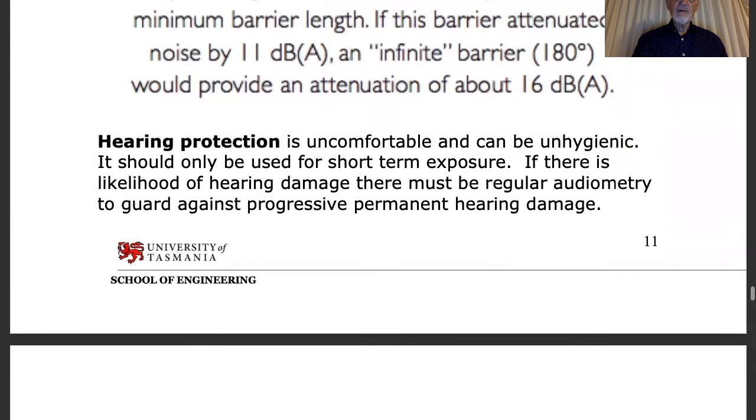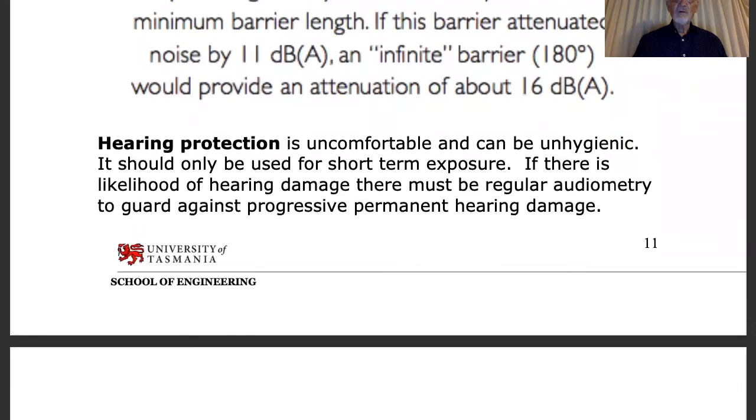And just one other thing that will happen if there is any likelihood of hearing damage, then you must get regular tests of your hearing, or your workforce must get regular tests of their hearing to see if there's any gradual change in their hearing acuity.